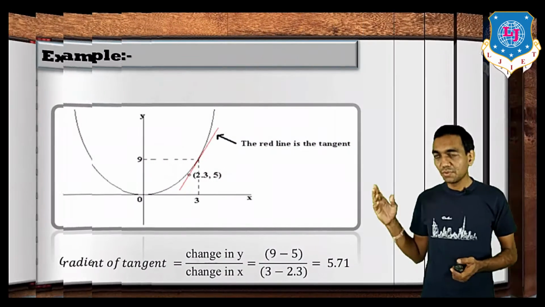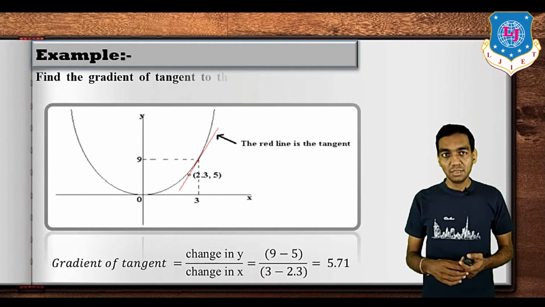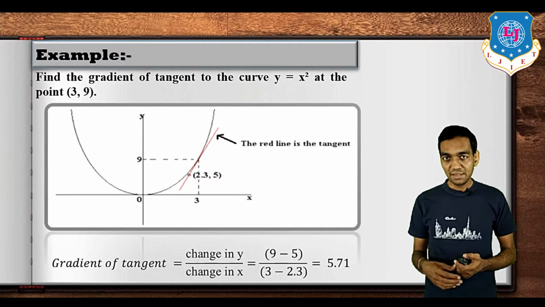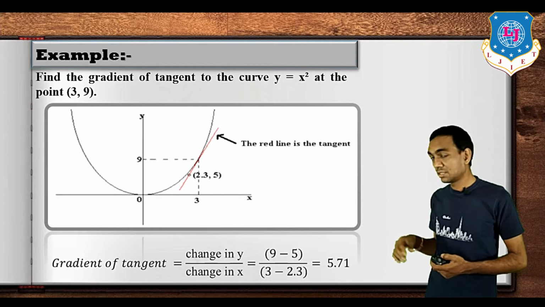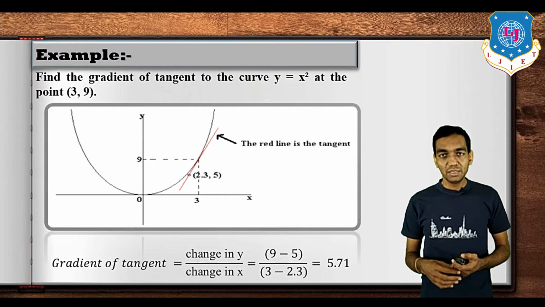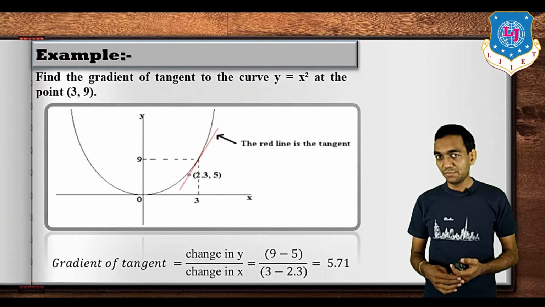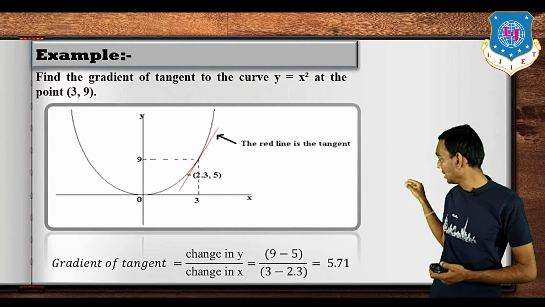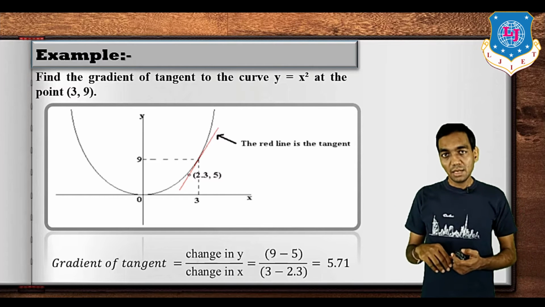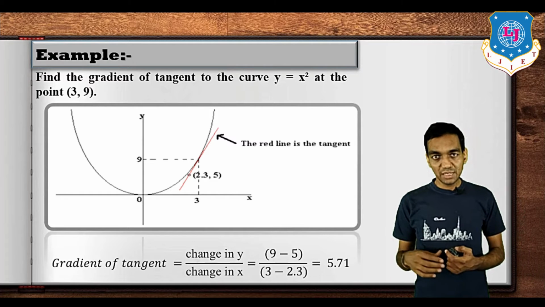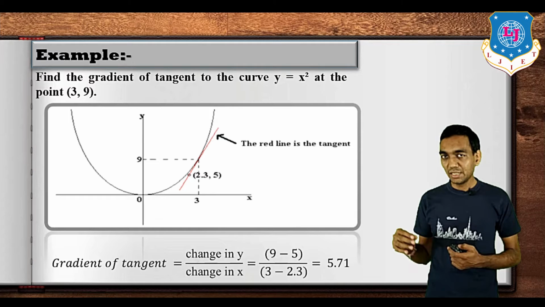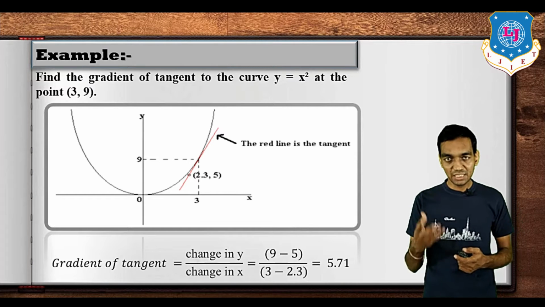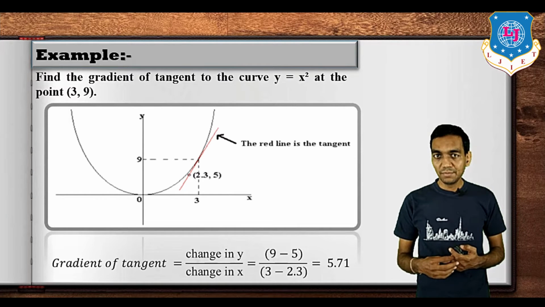So we are starting with an example. Find the gradient of the tangent to the curve y = x square at the point (3, 9). Now see, y = x square is a parabola along the positive y-axis, and the point (3, 9) satisfies your parabola.